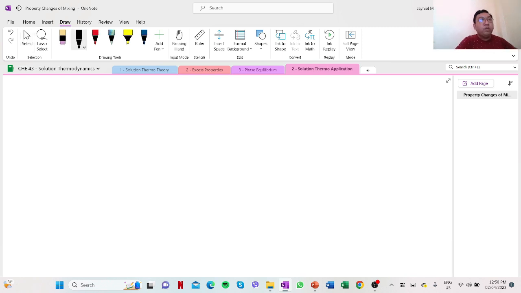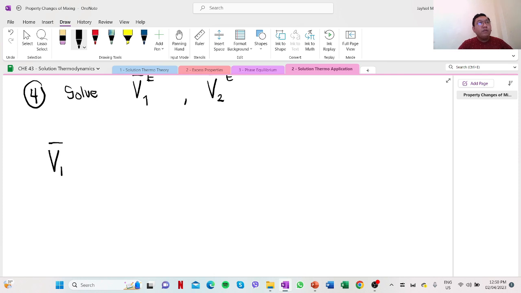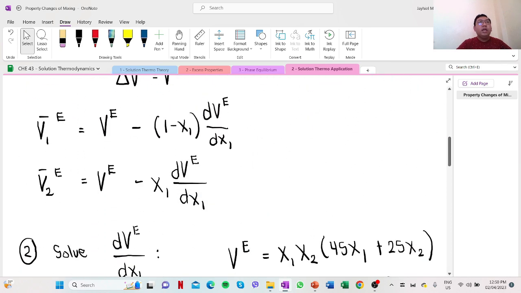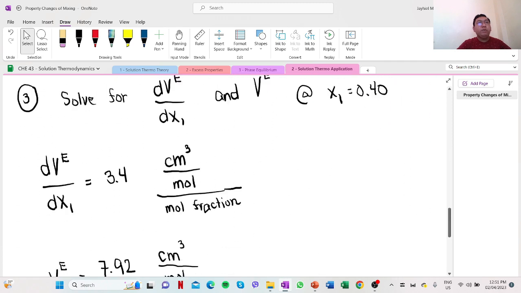In component 1, we have V1E. So the equation as presented earlier is this one. This will be VE minus (1 minus x1) times dVE over dx1. So we will do that.